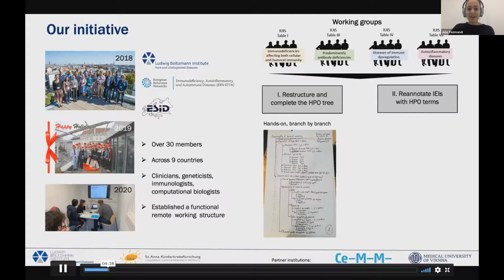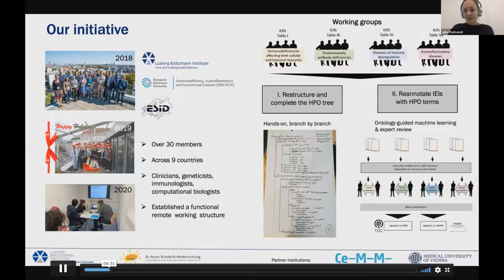We have chosen a very hands-on branch-by-branch approach for our restructuring effort, and that mainly happened at our in-person meetings and resulted in notes such as the one you see here. And we devised an ontology-guided machine learning approach coupled with an expert review to reannotate diseases with HPO terms.